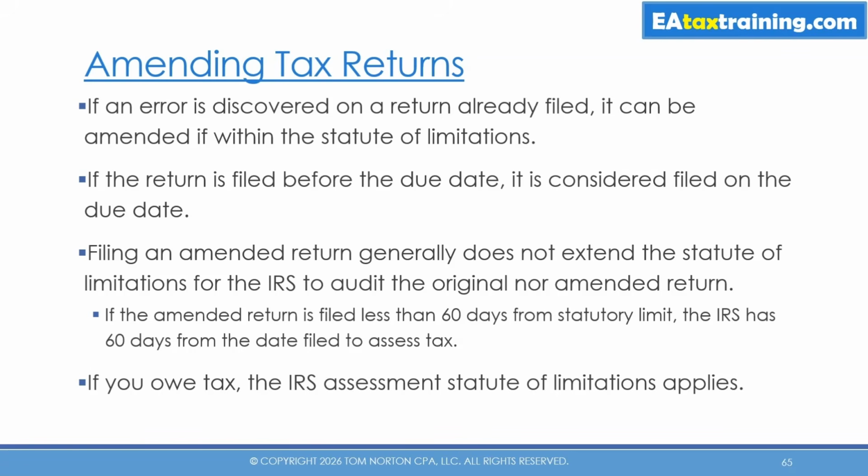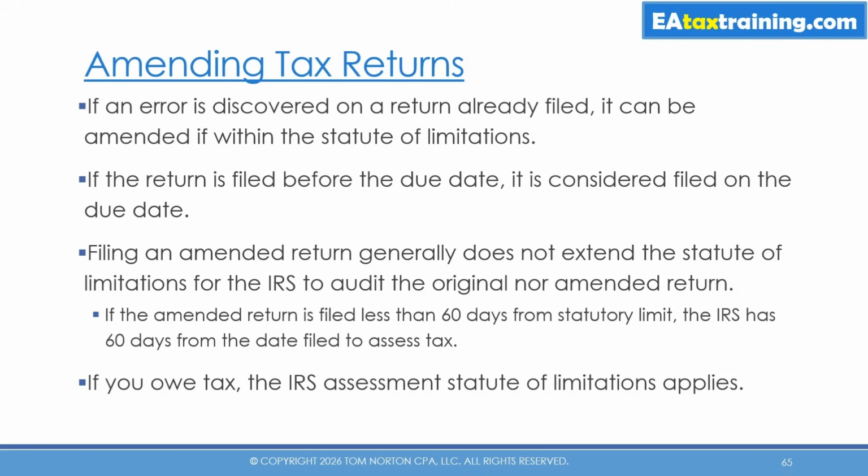So you'll want to know those rules. If you owe tax, so you're amending, you realize you made a mistake, you amend, and you owe tax, this assessment statute still applies. So let's say you didn't realize until after April 18th of 2026 that you made a mistake on your 2022 tax return. So you want to be a good citizen.